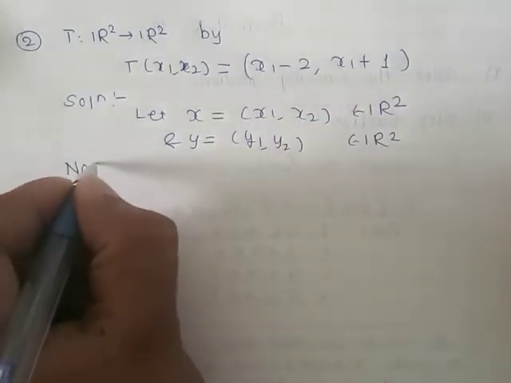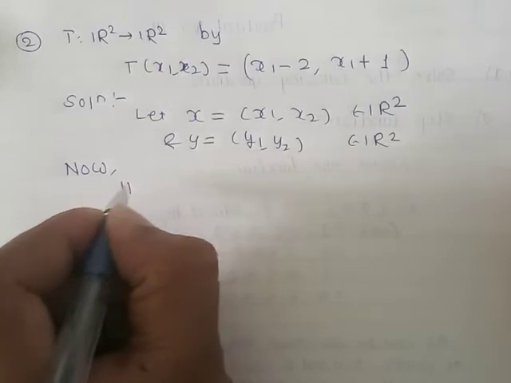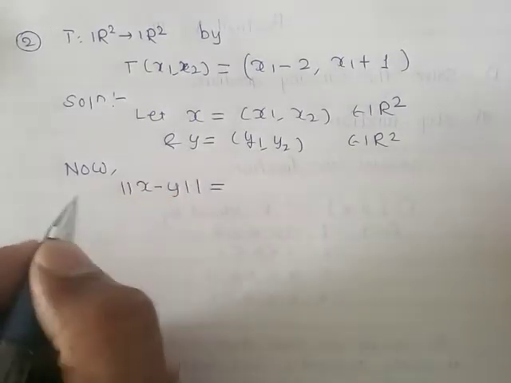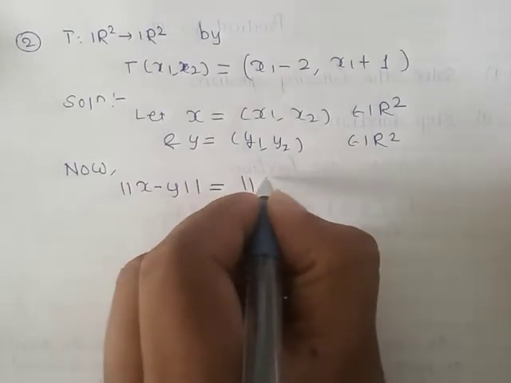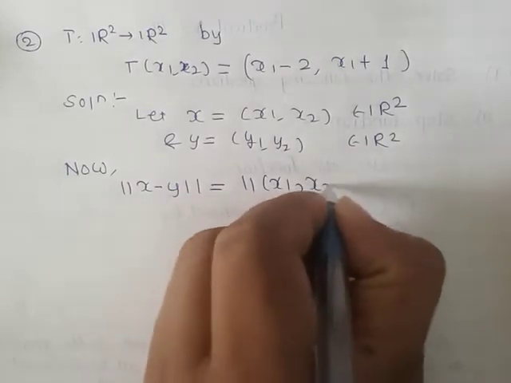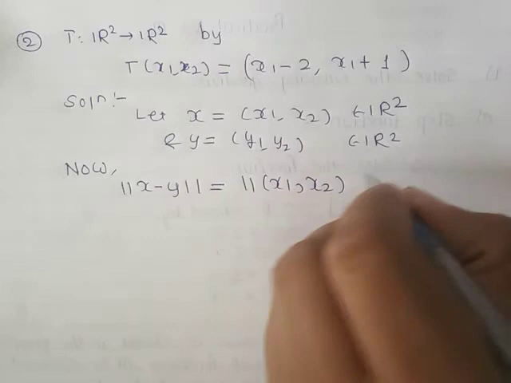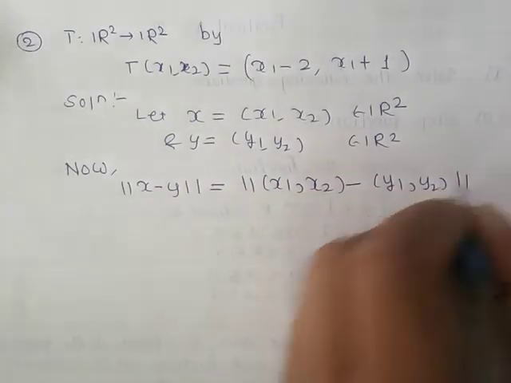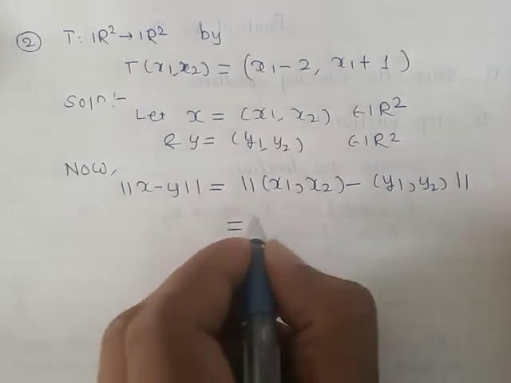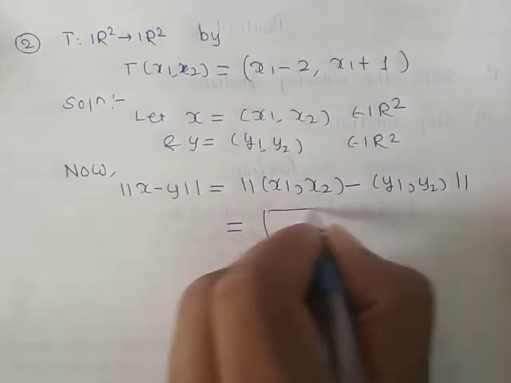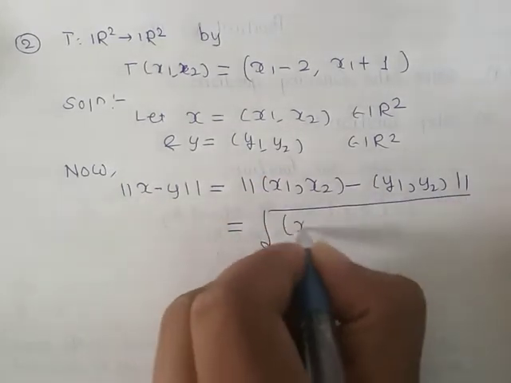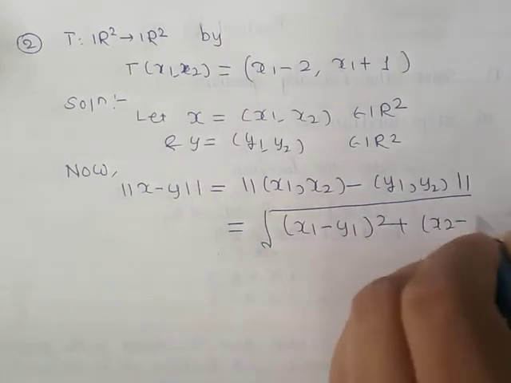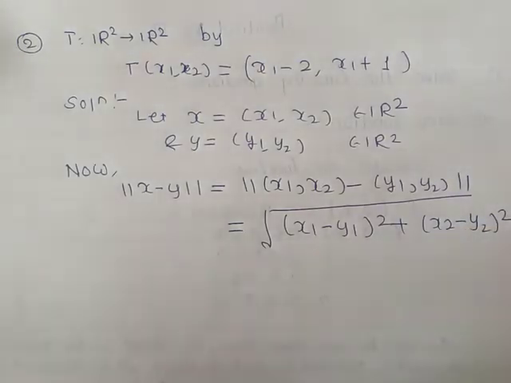Now norm of x minus y is equal to norm of x1 comma x2 minus y1 comma y2. Using the definition of norm, this is equal to square root of x1 minus y1 bracket square plus x2 minus y2 bracket square.